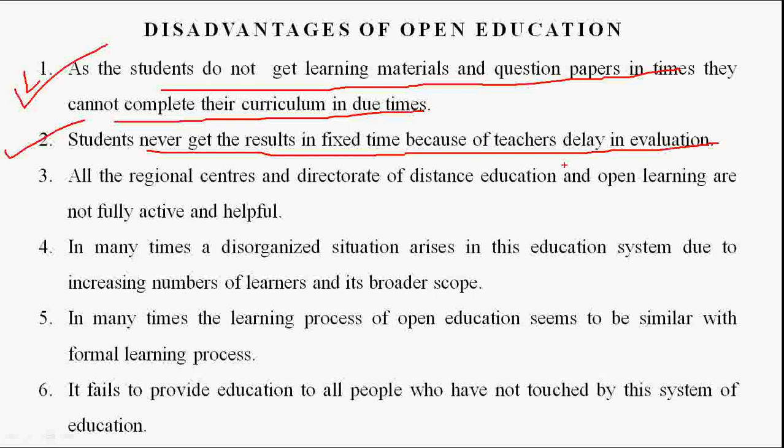We can say it is because of untrained teachers, or a lack of teachers. We know that in open education the teacher will not come to teach you directly in any classroom, they only evaluate. This is a disadvantage of this education system, that there is delay in evaluation of your examination papers or answer scripts.